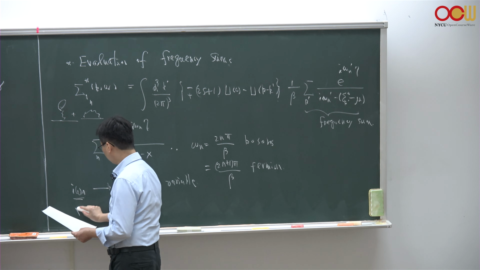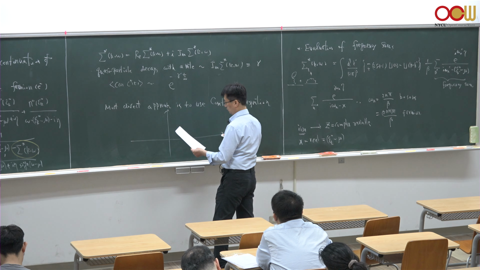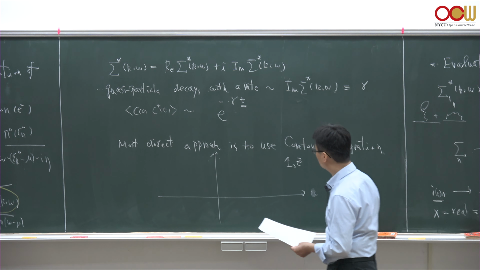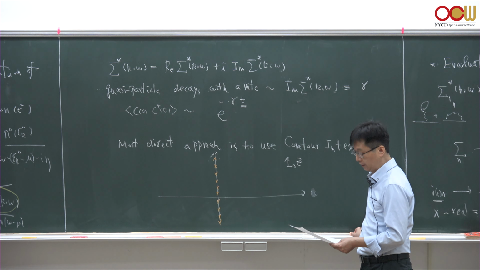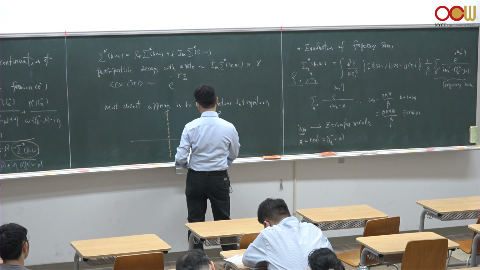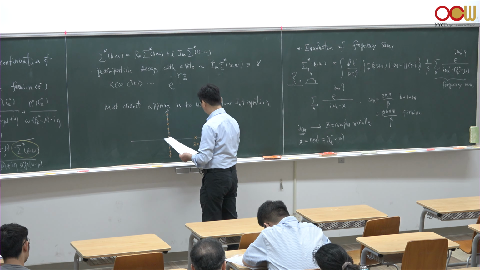The most direct approach to perform such a Matsubara sum is to use the contour integration. We can generalize this Matsubara sum to the complex contour integration, and we know that there will be poles right along the imaginary axis, and we will also see that we have a pole right on the real axis when z equals x.